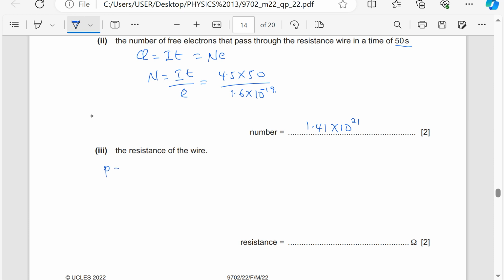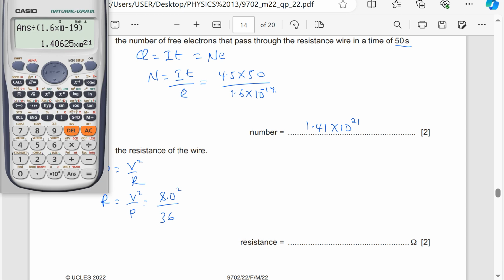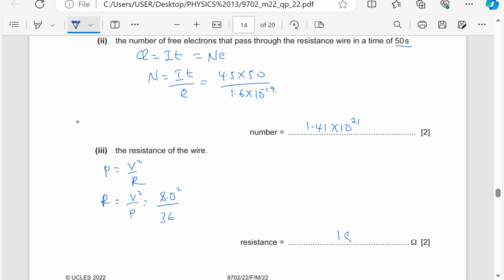Remember we said power is also V squared over R. So resistance is going to be V squared divided by the power, which is 8.0 squared divided by 36. 8 squared divided by 36 is 1.7777, which is 1.8. So this is 1.8.